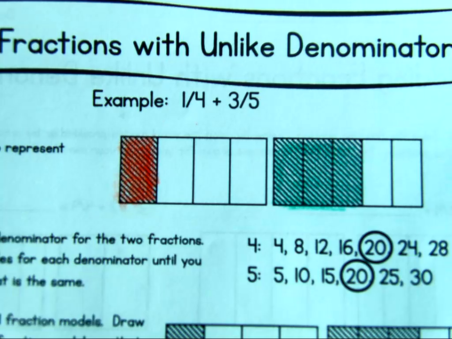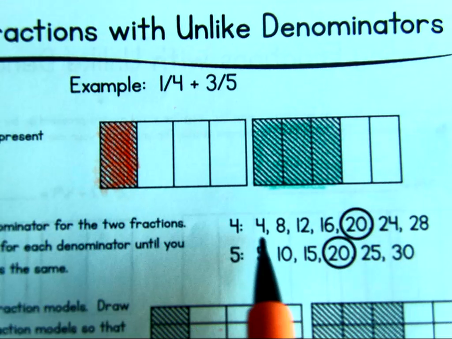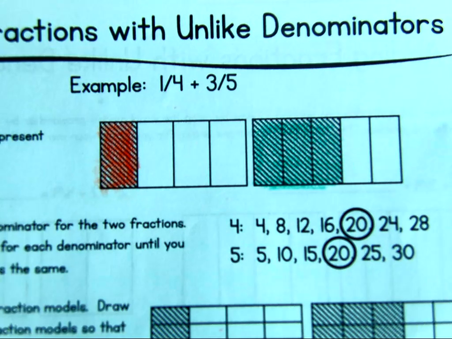You may be able to just look and see what 4 and 5 have in common, but you might have to list out the multiples of each one. So the multiples of 4 are 4, 8, 12, 16, 20, 24, 28. The multiples of 5 are 5, 10, 15, 20, 25, 30.